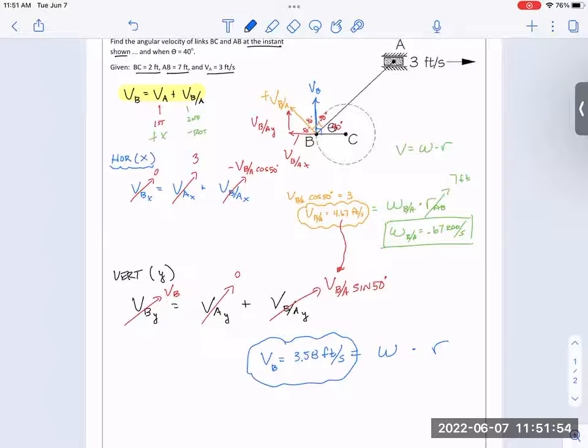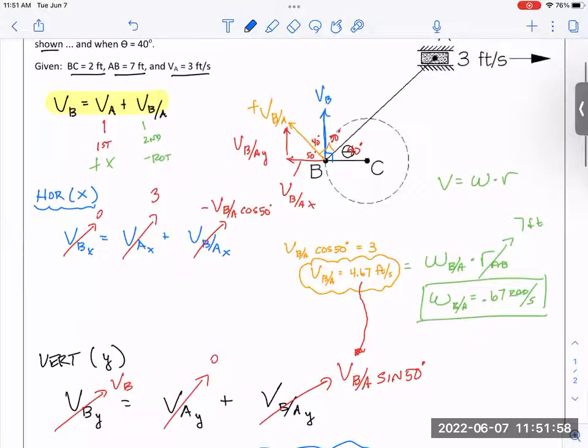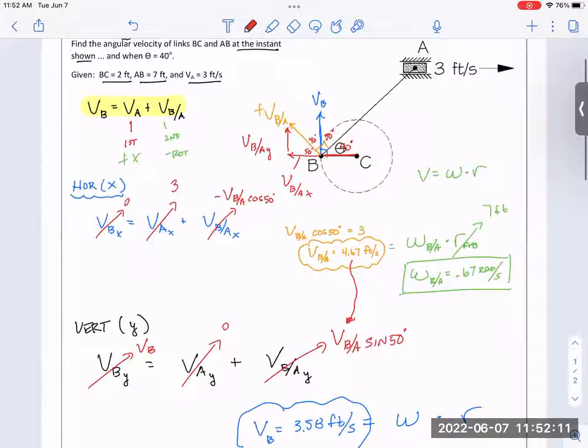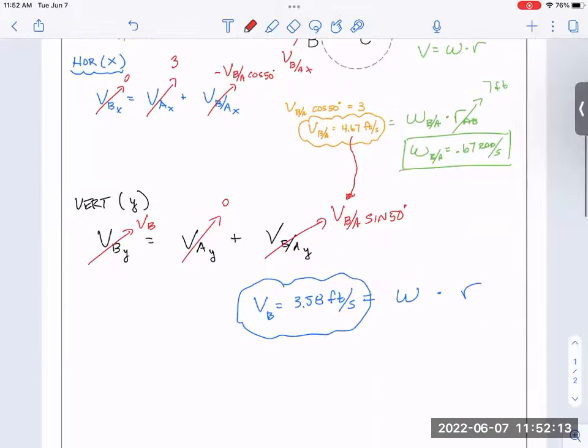What radius is that talking about? Isn't B forced to stay on the circle defined by that radius right there? It's going around and around C, isn't it? So the angular velocity of this is B rotating around C. Again, I kind of like to write it like that: B as it rotates around C, B with respect to C.